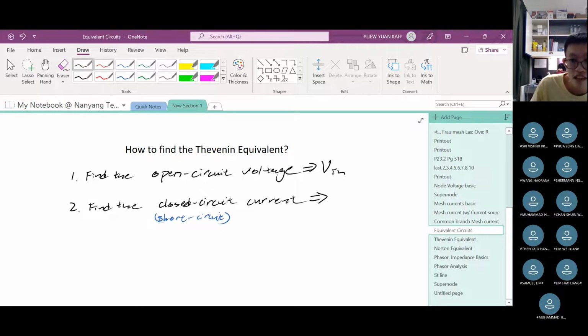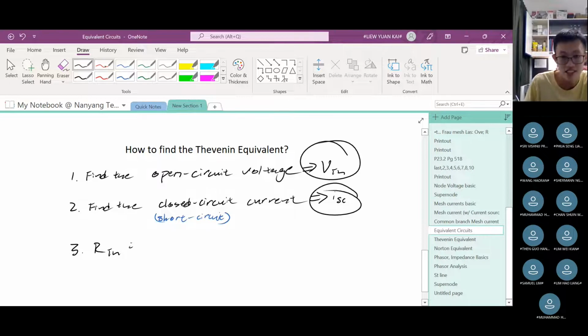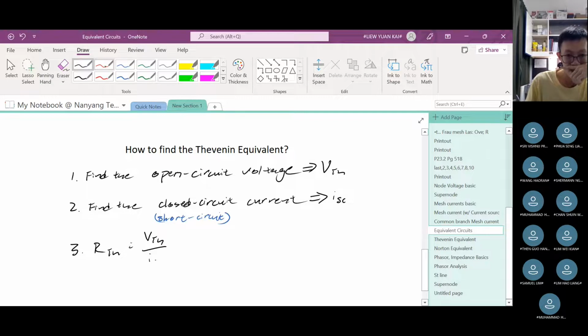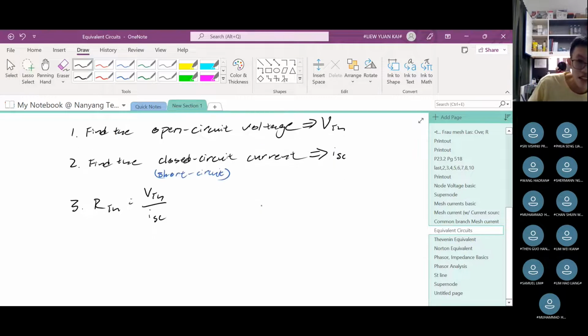This one we label it as ISC, current short circuit. And lastly, to find the Thevenin resistance, you take the first two answers and you just divide them, right? So V Thevenin divided by I short circuit. Done. Once you have these three values, then you can draw your Thevenin equivalent circuit.